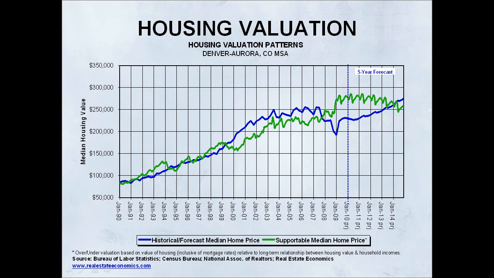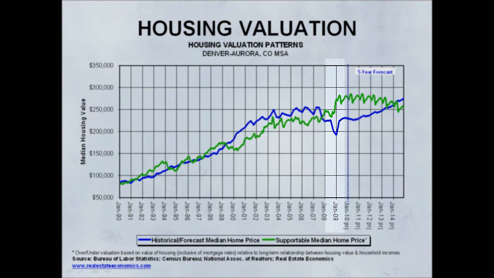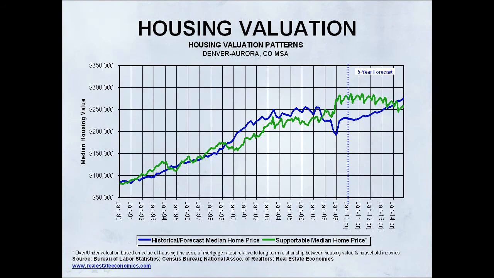During most time periods, these lines correlate pretty strongly. There's periods where the employment grows too quickly and gets a little bit out of whack, and vice versa, but not typically too often. Then we come to 2009, and we've got the median home price dropping quite quickly, but the supportable price rising very quickly.